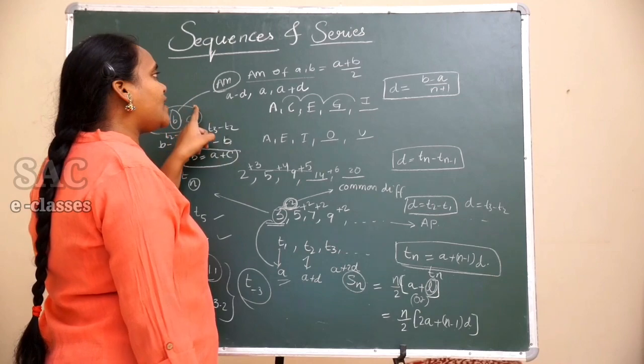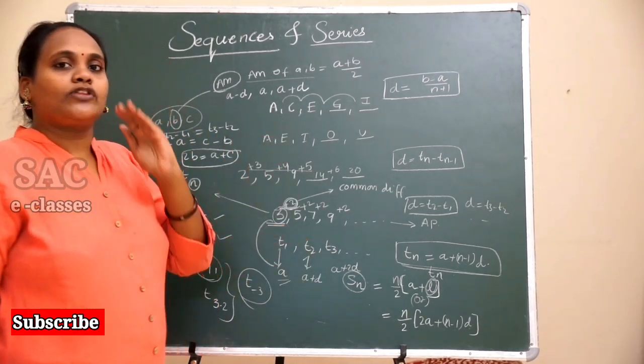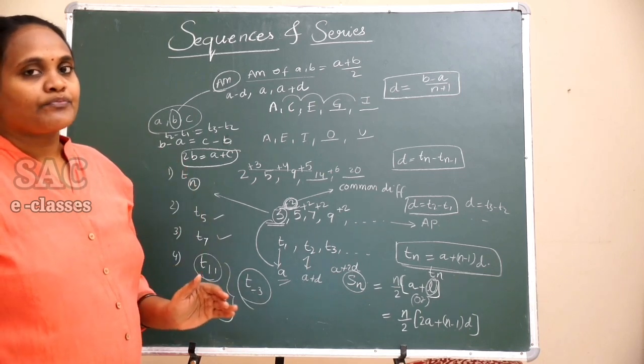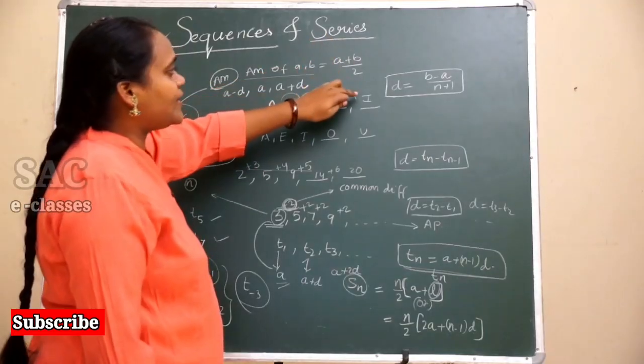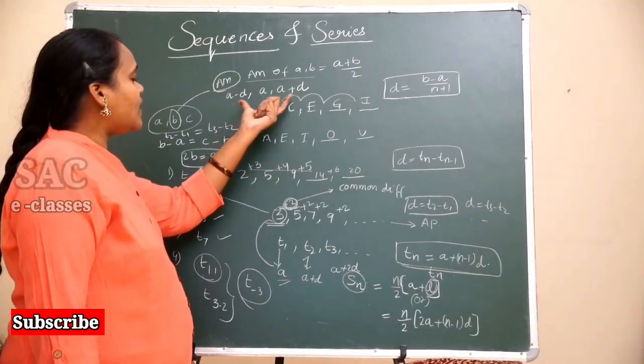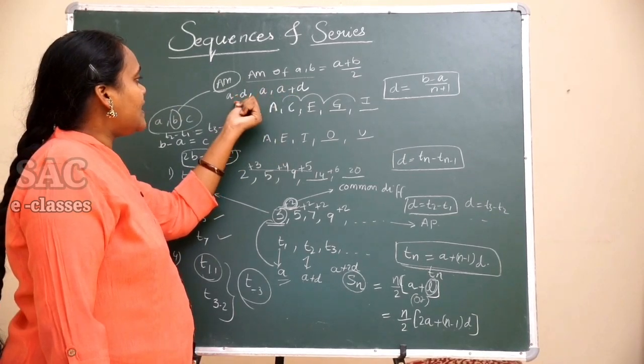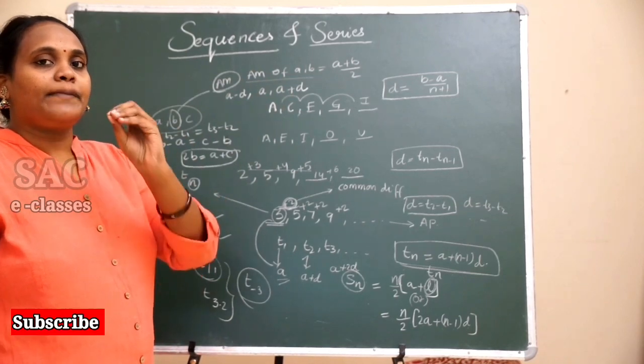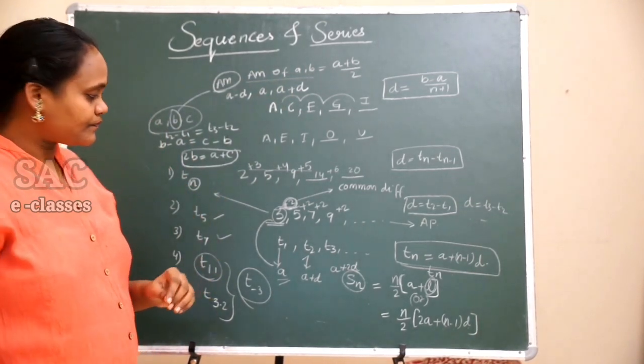Whenever we want the sum of any three consecutive terms of the AP and their product is given, we should use the general form a minus d, a and a plus d. This is briefly about AP.